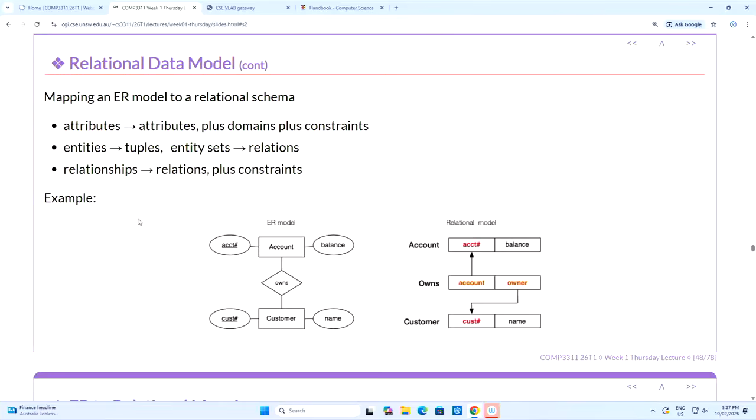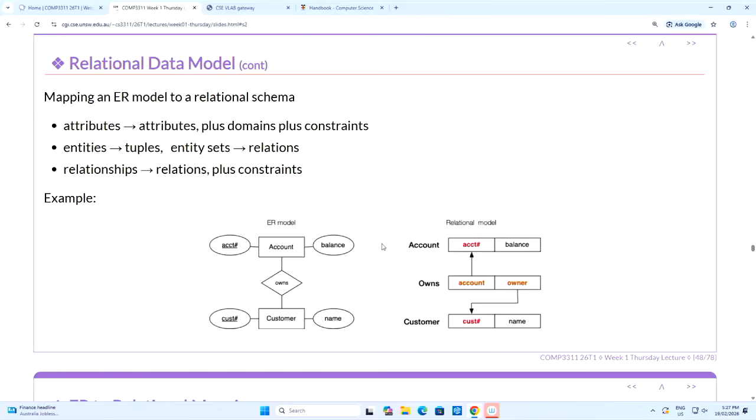the SQL implementation is because when we are transforming ER models to a relational model, we are now making the design choices of what tables should be there.